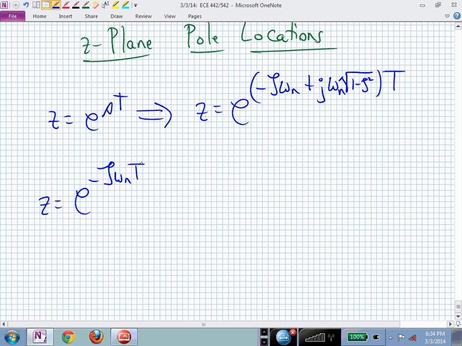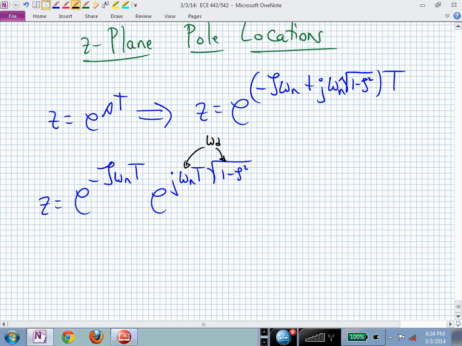I'm now distributing that sampling period through the two pieces of my exponential, e to the j omega sub n t square root of 1 minus zeta squared. And omega sub n square root of 1 minus zeta squared is just omega sub d.